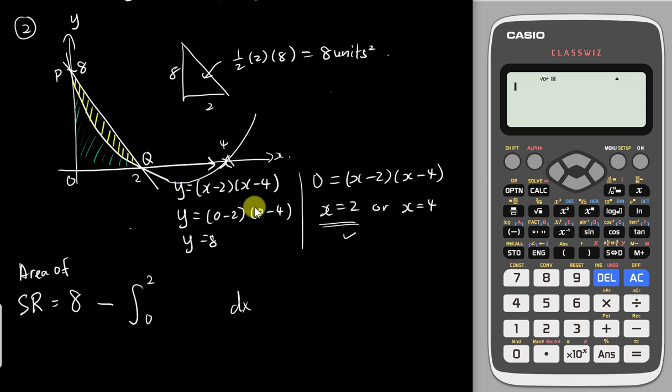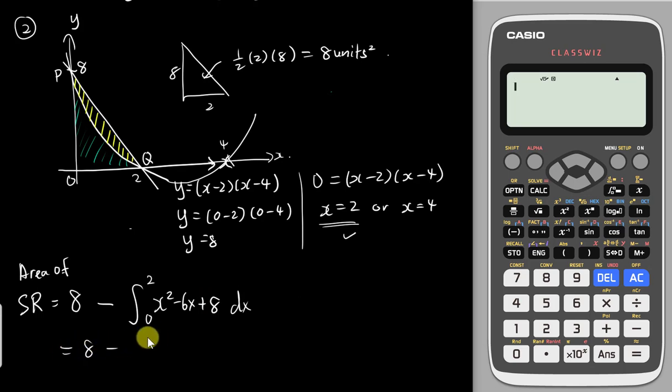Then I will insert the equation, but normally I expand the equation first, which is x squared minus 6x plus 8. This one will be the equation after I expand it. As long as I solve this one, I should be able to get the final answer.